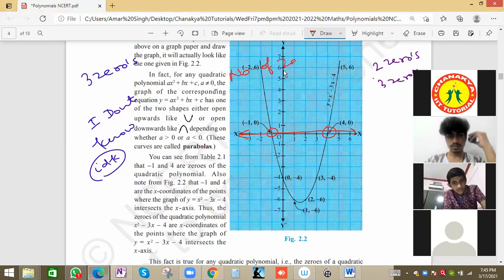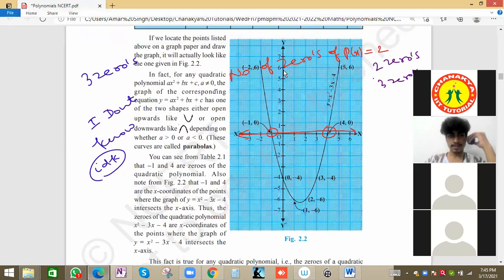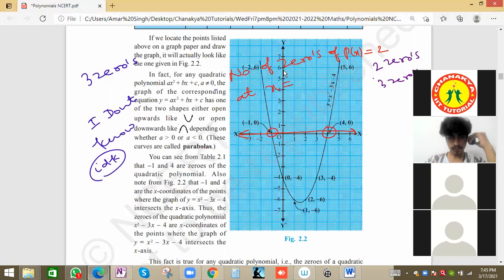The number of zeros of this polynomial p(x) will be equal to 2. We see how many times the graph is cutting the x-axis: at this point and this point. What are the values? At the x-axis, y is 0, meaning p(x) is 0.